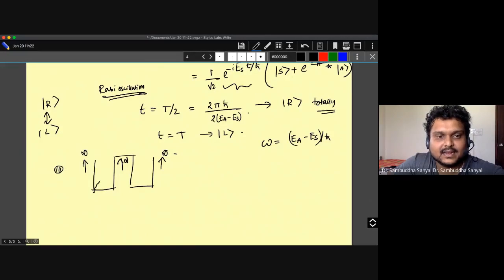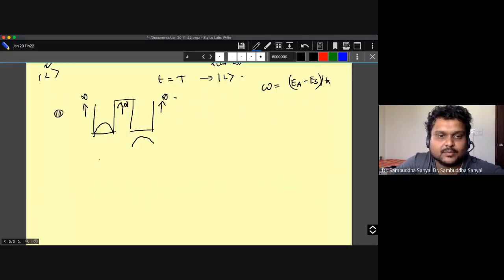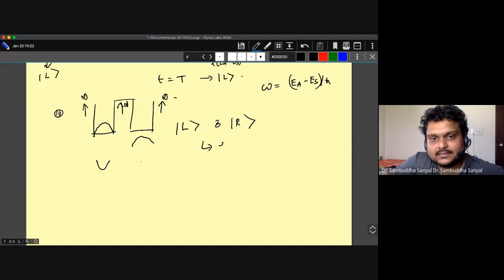One case will be this, and the opposite signs like this, they will also become eigenstates. They are the same eigenstates. So L and R are now eigenstates when I have taken the limit b going to infinity.